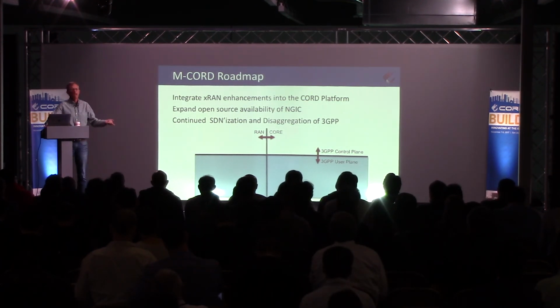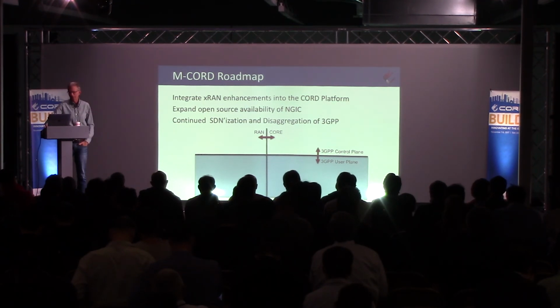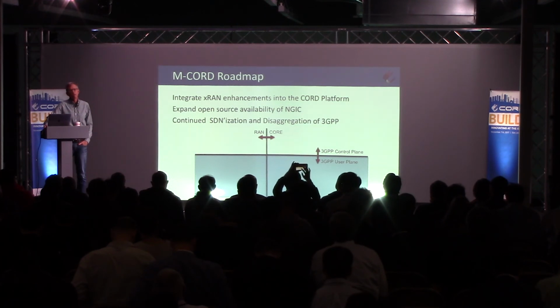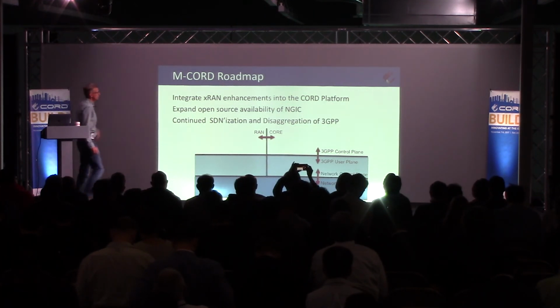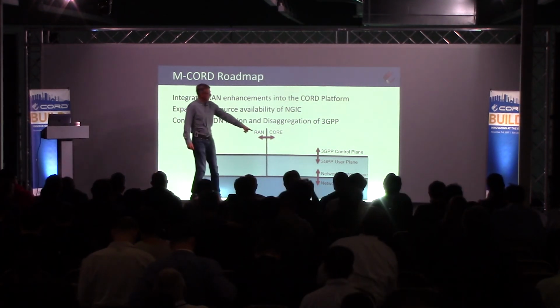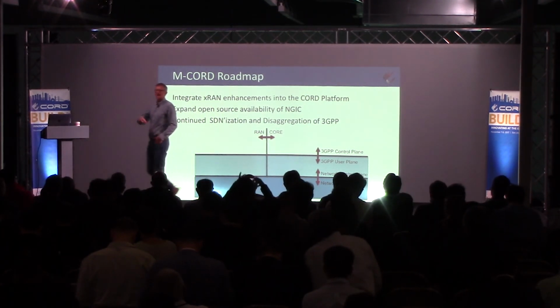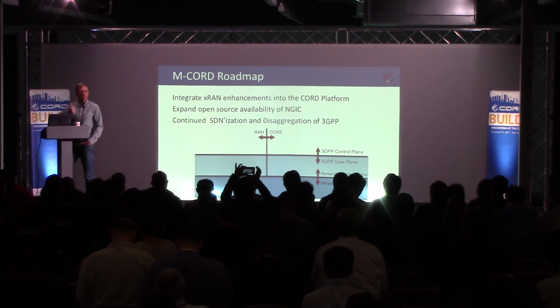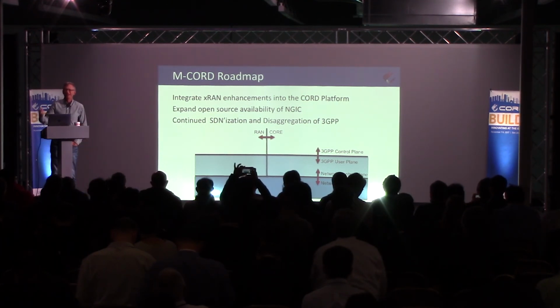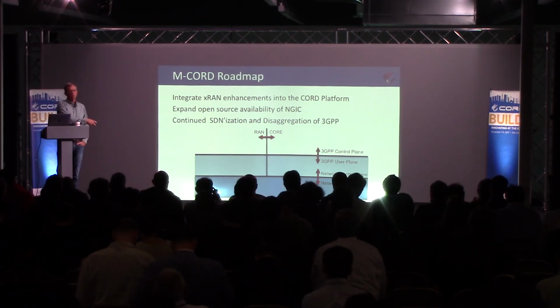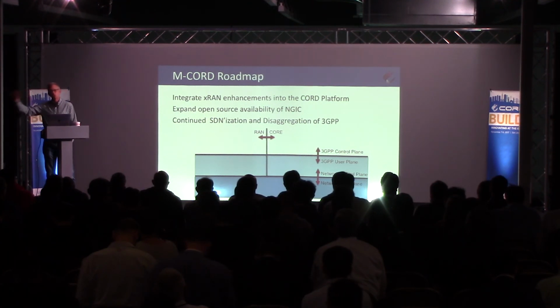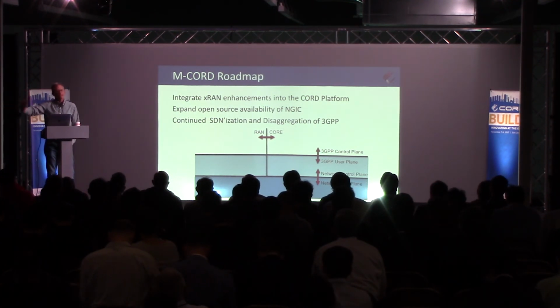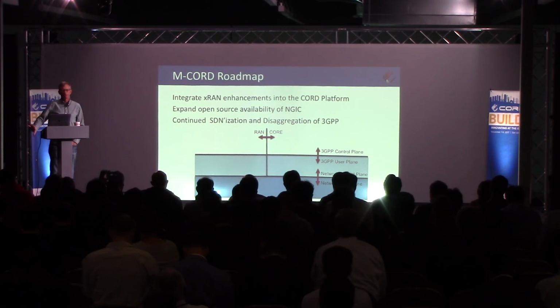The step beyond that, where the exciting work coming down the pike is going to happen, is you go into the user plane, which is now the 3GPP user plane, and you subdivide that into the network control plane and the network data plane. So this becomes an exercise in disaggregation and SDNization of the user plane of 3GPP, using network SDN terminology, into the control plane and the data plane.